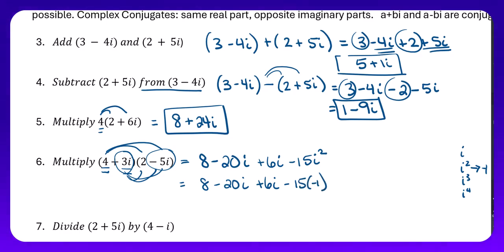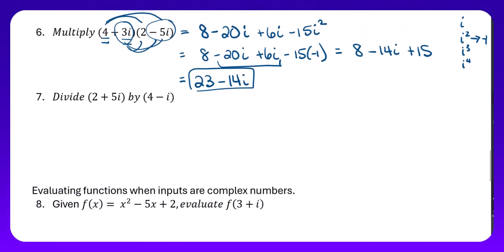That's going to turn that into a plus 15. So we got 8, I'm going to combine these two, minus 14i, and then plus 15 on the back end. So in the end, we have 23 minus 14i.